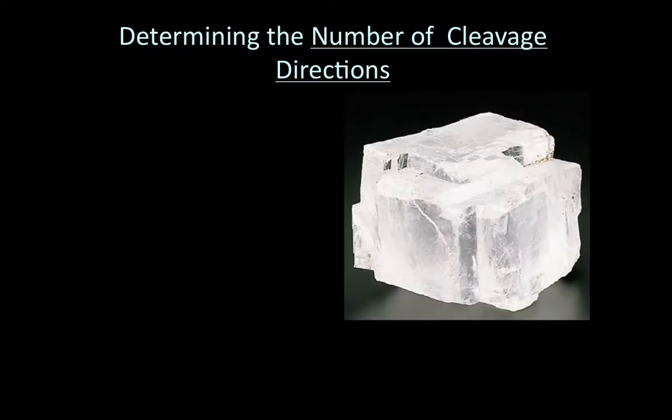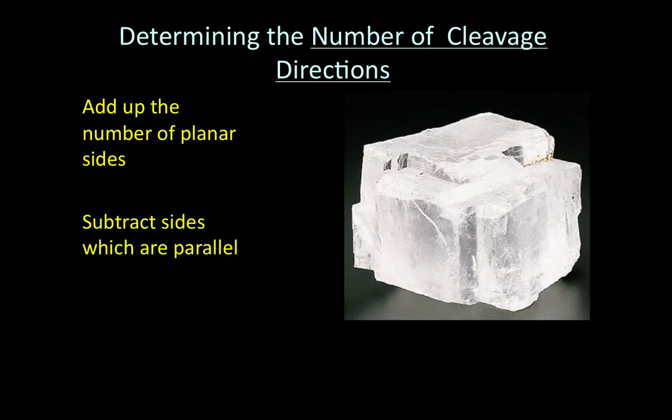Now, to determine the number of cleavage directions, imagine I put in front of you a cube. The first thing you do is add up the number of planar sides, so the sides that are flat surfaces. So if you have a cube, you might think of a dice. It has 6 sides. You're going to subtract off the sides which are parallel.